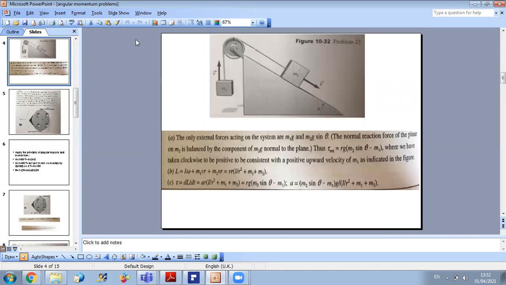We finished this problem last time, yes? Guys, do you hear me? Okay. I think we did the same one. Yes, we did this whole problem.